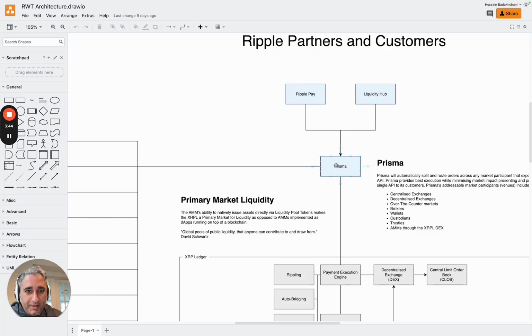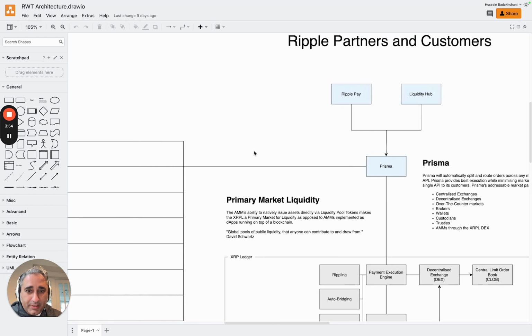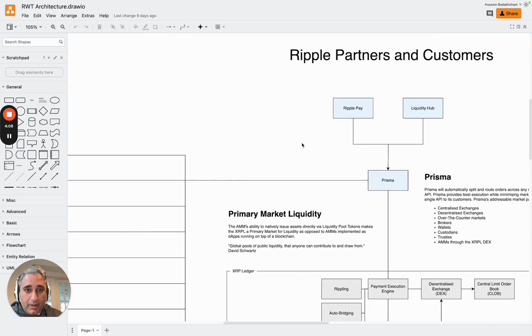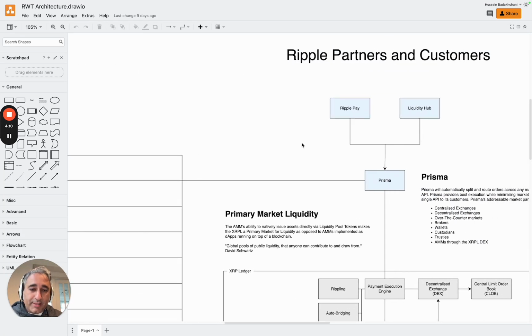So Prisma, like best order execution, order routing, all of these good things that people have been talking about in TradFi for years, but haven't really managed to translate very well into the crypto sector. It's a big component, an important component of Ripple's enterprise software that makes Ripple solutions attractive to institutional customers.